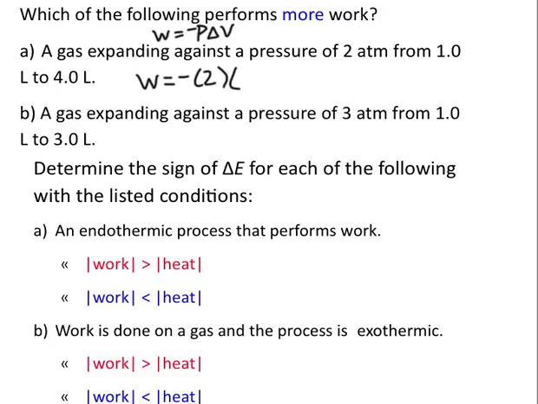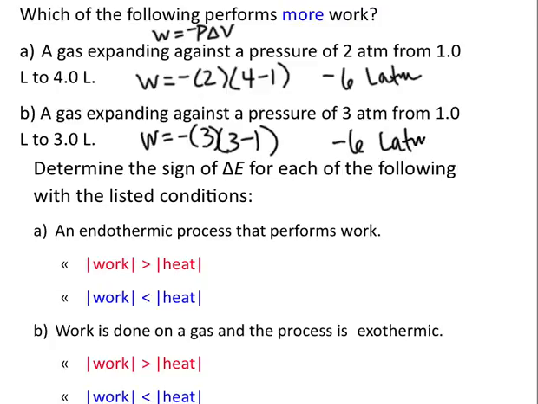So what's my final volume? 4 minus 1. We don't really need to convert right now. We can leave it because it's a comparative number. Negative 6 liter atmospheres, right? Does that look correct? All right, let's look at the next one. A gas expanding against a pressure of 3 atmospheres from 3 to 1, from 1 to 3 actually, so it's final minus initial. What is that?